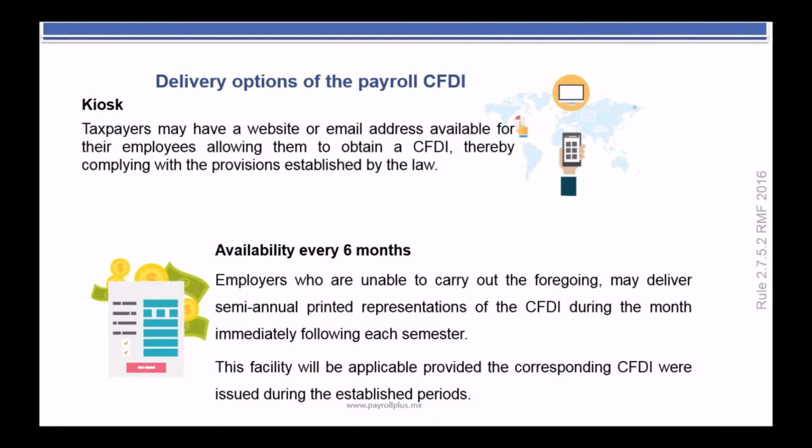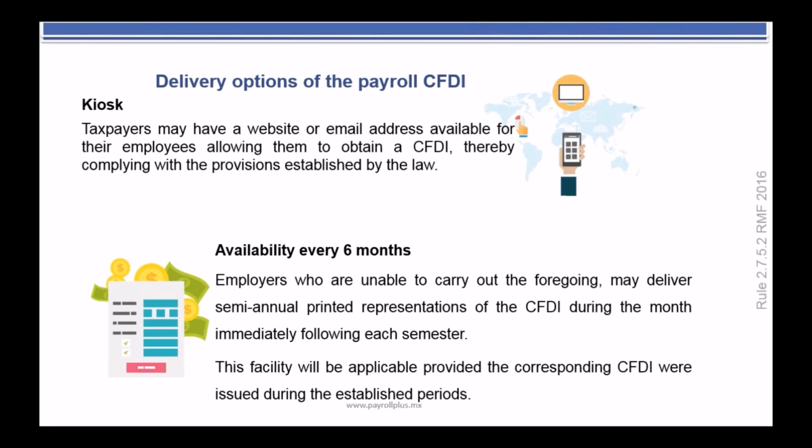Now, as we have seen, we also have options with the delivery of the payroll receipt. And some other taxpayers may have, okay, the website or email address that we just talked about.